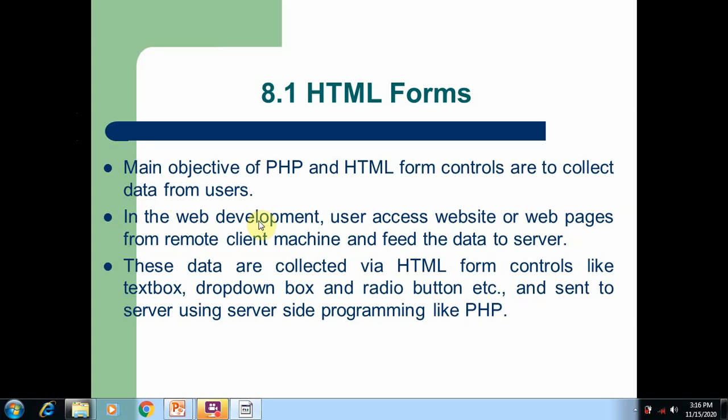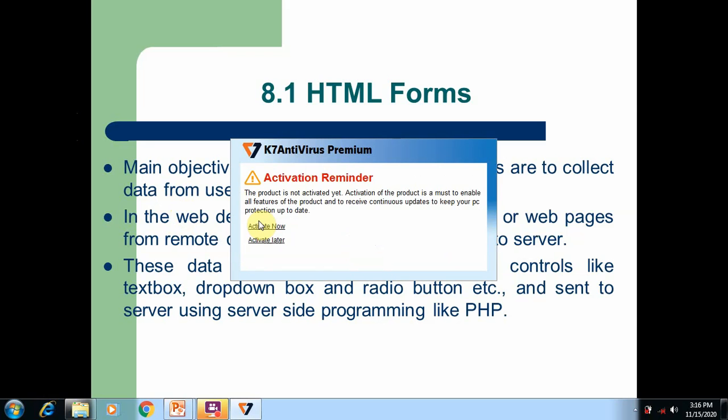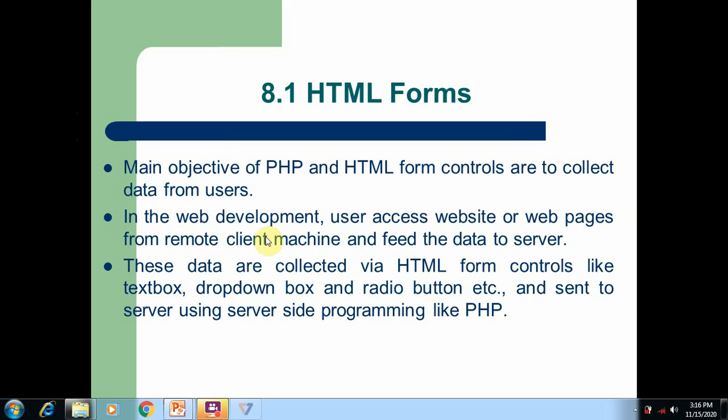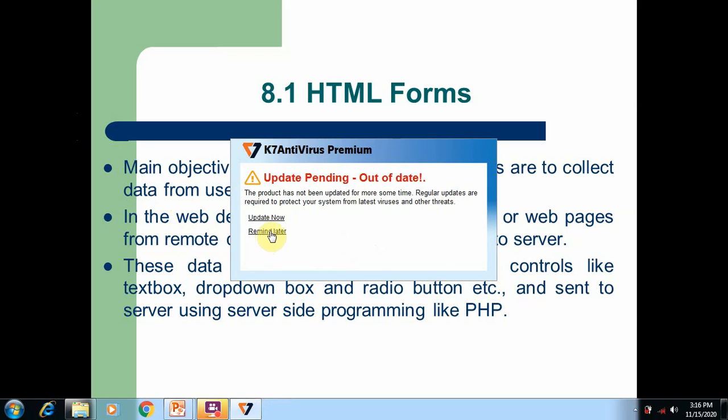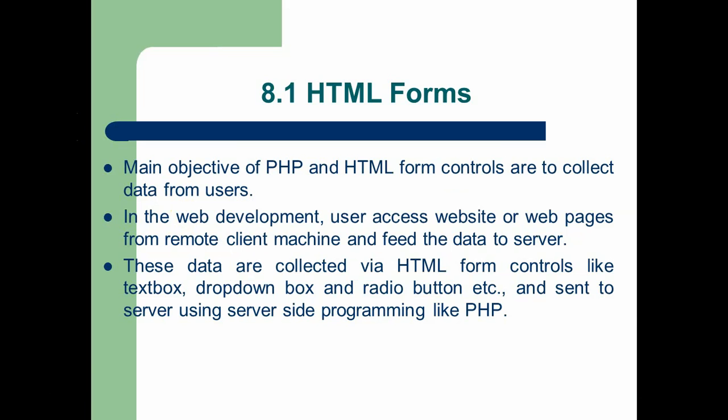So the user uses the computer server through a remote method. Whenever the user wants to send any data to the server, the user can use these controls, that is HTML form controls like text boxes, drop down boxes, radio buttons, etc. for giving data to the server.